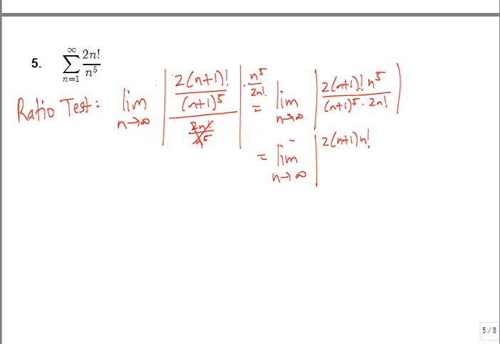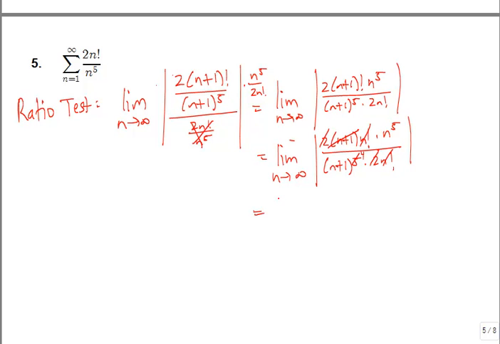So n plus 1 factorial is n plus 1 times n factorial. And that's good because that means we can cancel it with the n factorial from the 2n factorial that we have in the denominator. We can also cancel out our 2's, and I can cancel out one of these n plus 1 to the 5th. So this is going to go down to a 4.